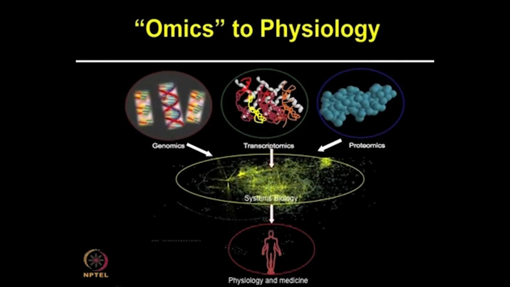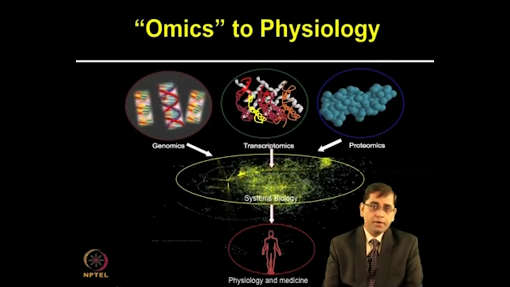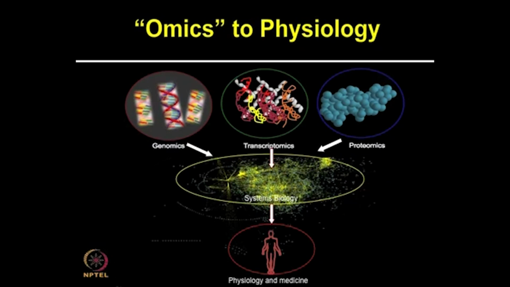An eventual aim of systems biology is to employ the omics level information obtained from different levels such as genome, transcriptome and proteome, and derive that information at the systems level, integrate that information and quantitate some models, and then propose to use it for understanding the physiology and apply it in medicine. This omics to physiology flow can be well maintained by employing systems biology tools.